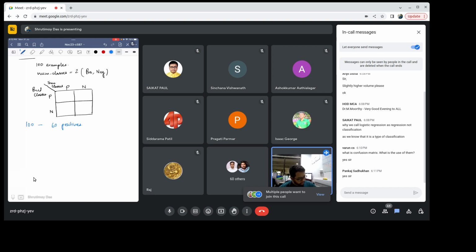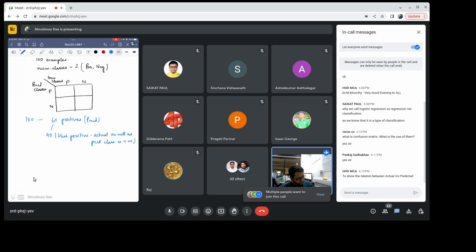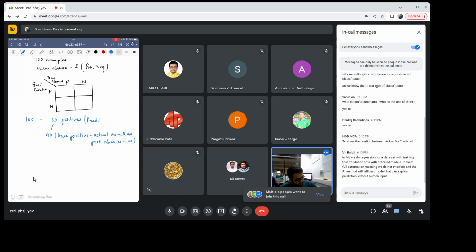So these are 60 predicted positive classes. Out of those 60, suppose 40 are true positives, that is their actual class is also positive and their predicted class is also positive. So true positive means actual as well as predicted class is positive. So we will put it in this cell.